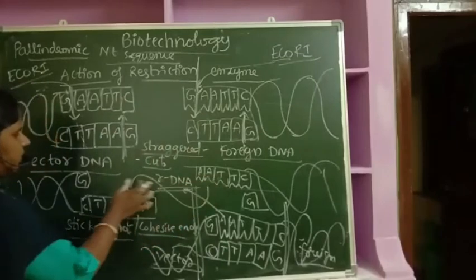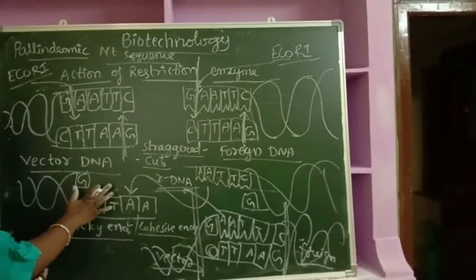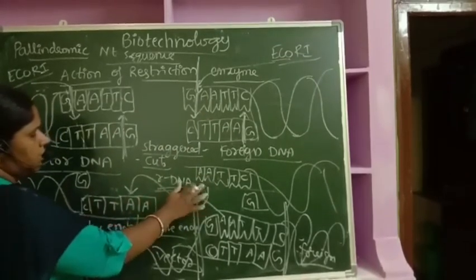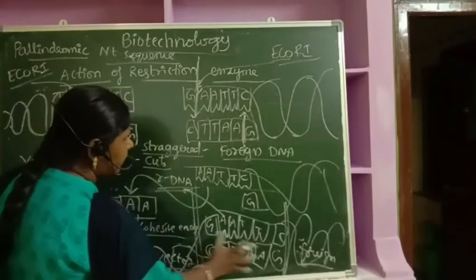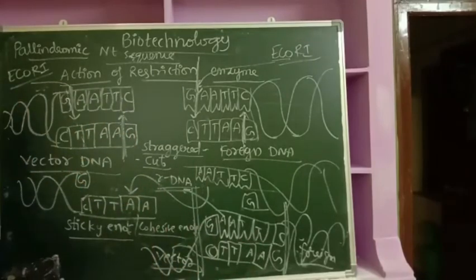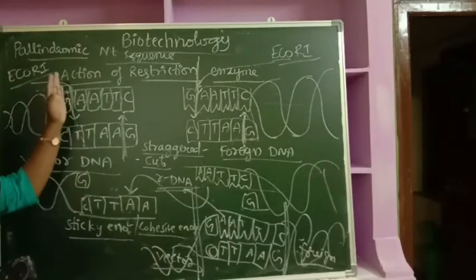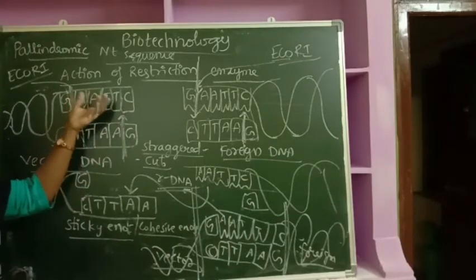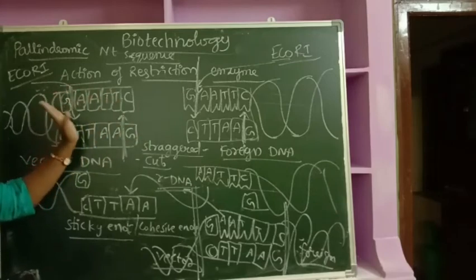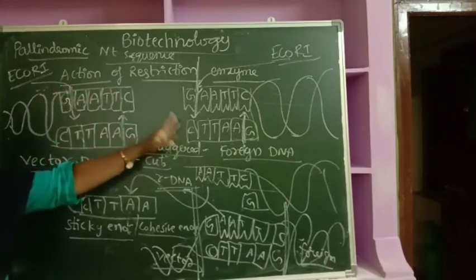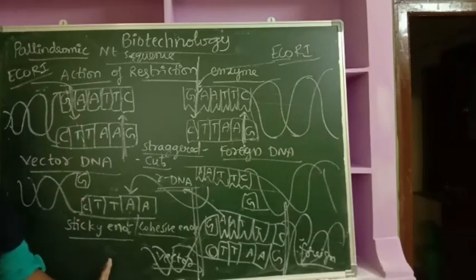Now this part will come and join here. The vector DNA continuously joins with the foreign DNA, and this joined part is called recombinant DNA. This is how a palindromic nucleotide chain is broken and fragments are removed, and the desired foreign DNA will come and join with the vector DNA. Now let's continue further.